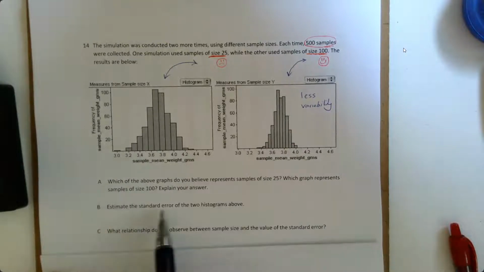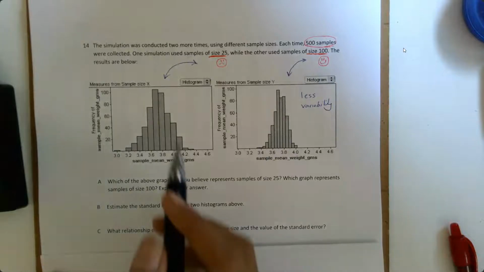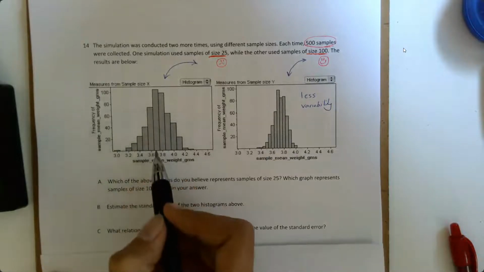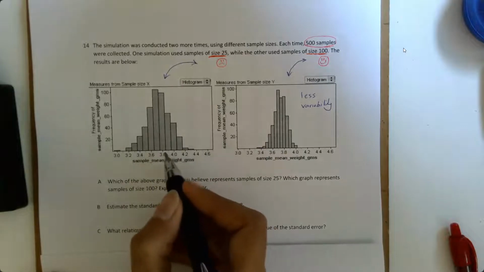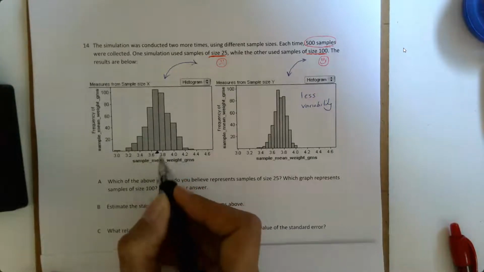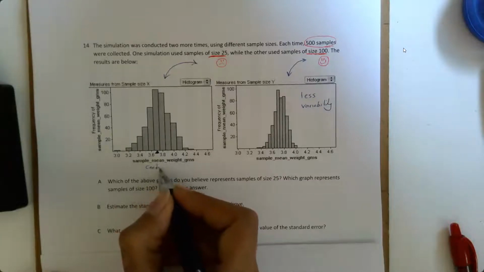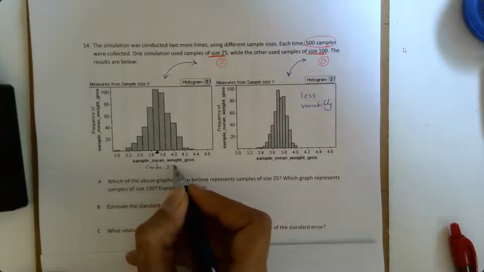Estimate the standard error of the two histograms above. Well, okay, let's take a look at our center. Our center is approximately here. So this is going to be our center, 3.7, just an approximation.